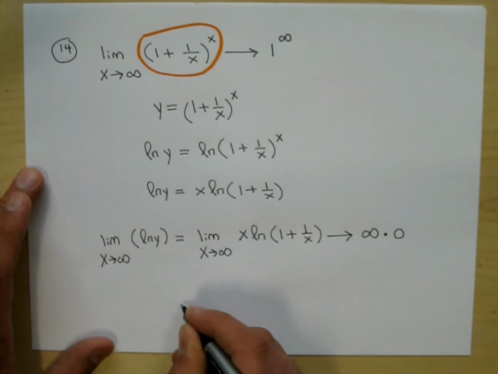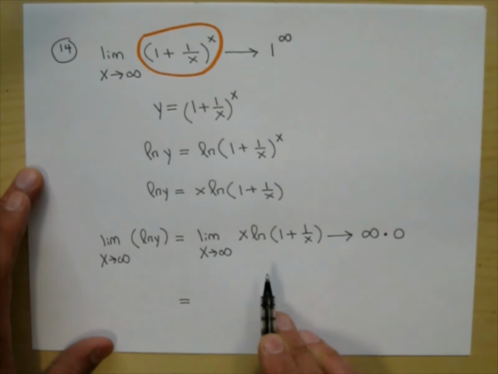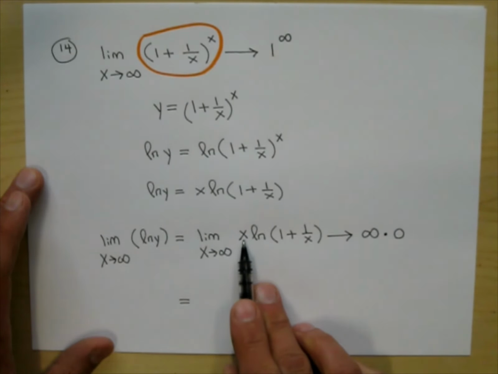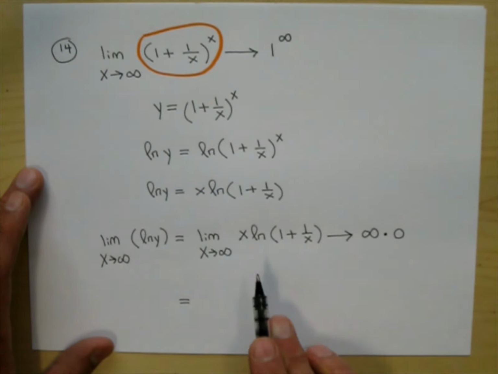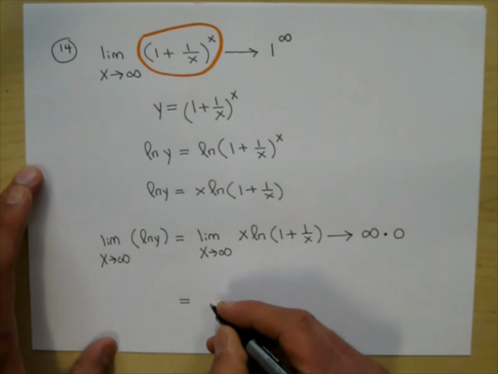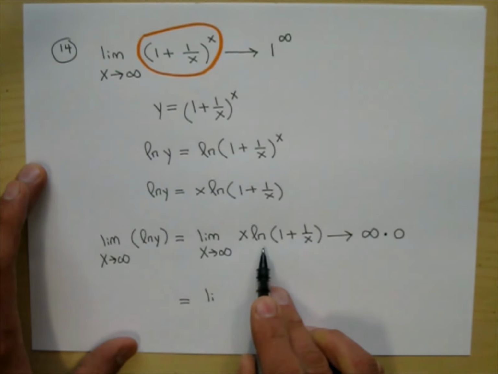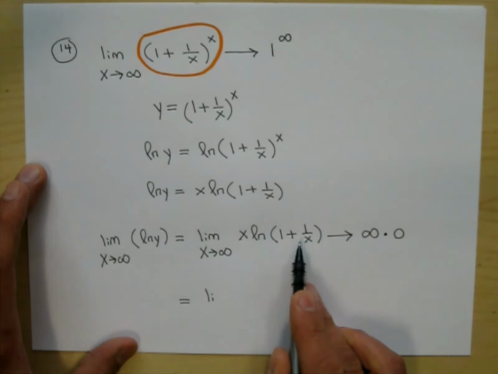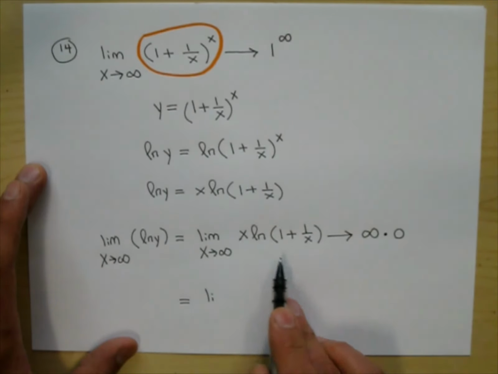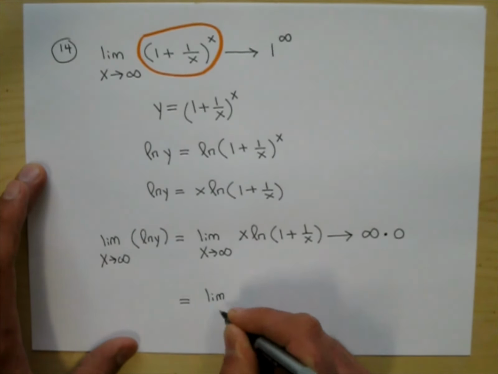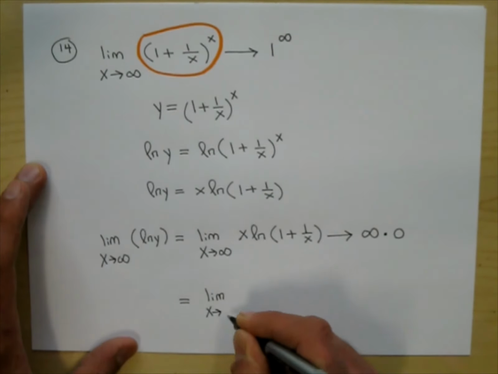So I'm going to continue with this. I'm going to take this x and bring it down on the bottom. Now I have to be careful with that. I can't just write ln of 1 plus 1 over x divided by x, because then I actually change the expression. But I could be a little tricky.